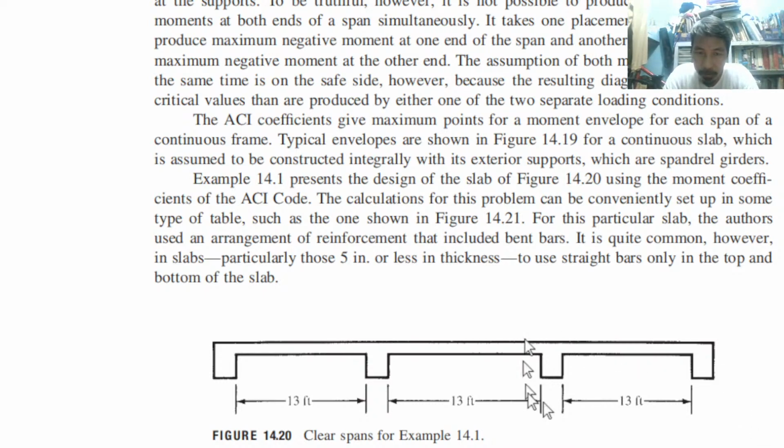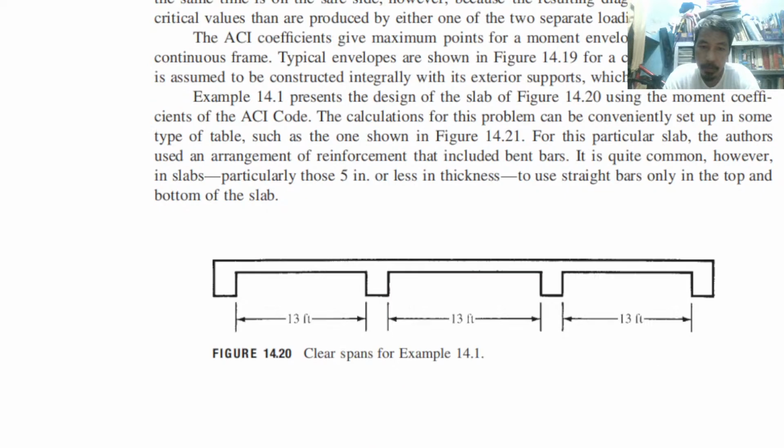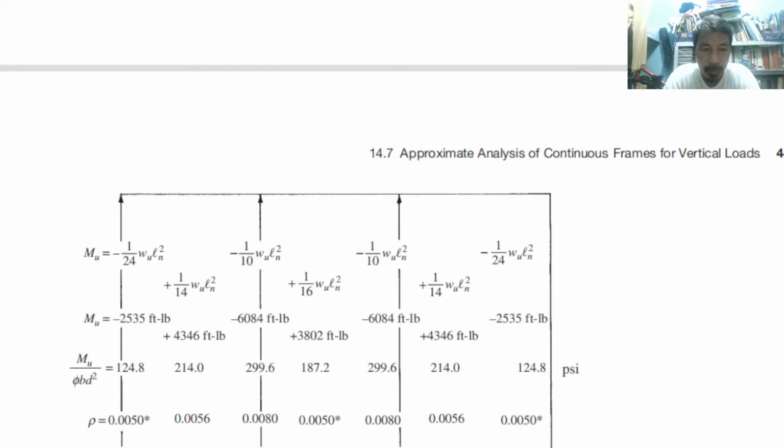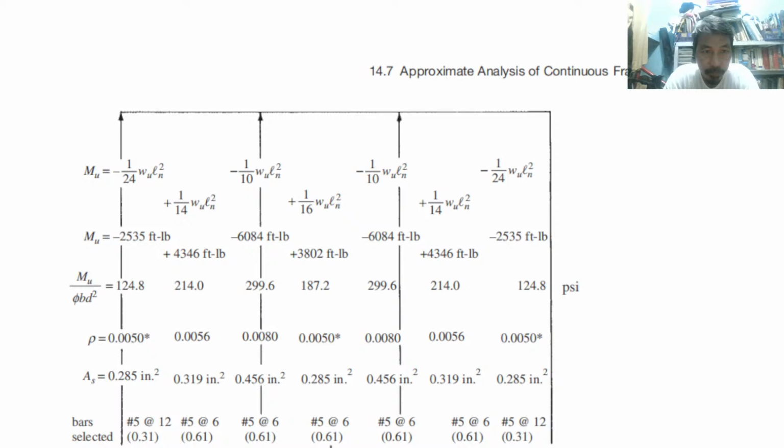So we have first interior support. So we can get the following. Okay, so positive and negative moment. So as you can see here, first the positive moment. So positive moment, we have 3 types.